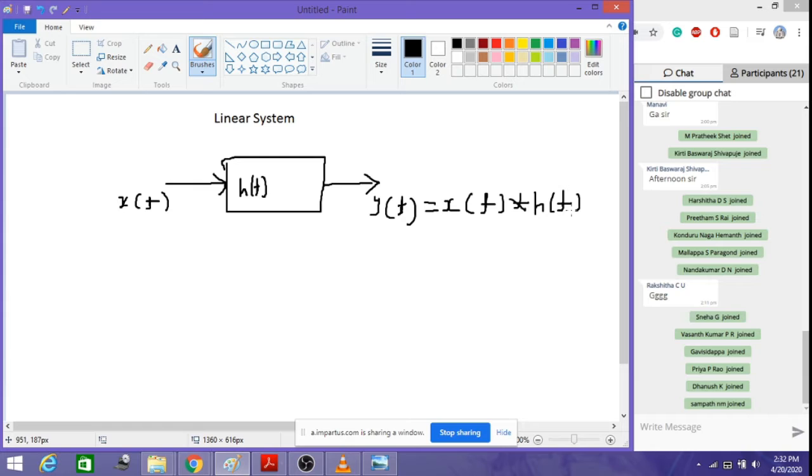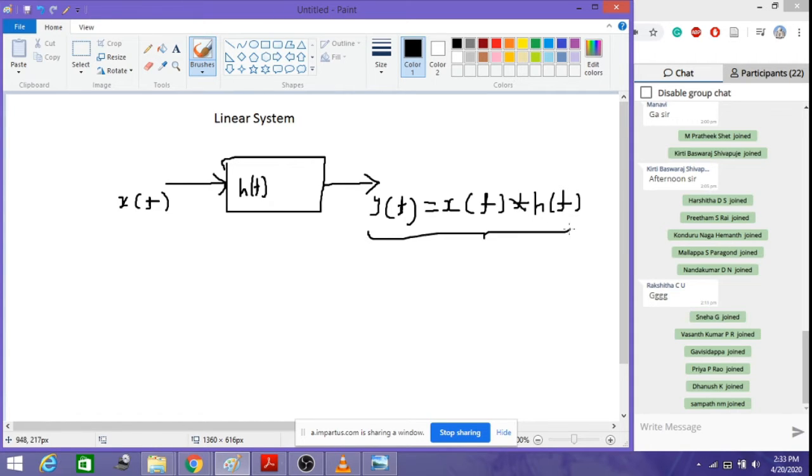Now since we are talking about the continuous time random process here, we are going to relate this with the Laplace transform, because the extension of the Fourier transform for a continuous time arbitrary signal is the Laplace transform. If we apply the Laplace transform, y of t will become y of s, h of t will become h of s, and x of t will become x of s.